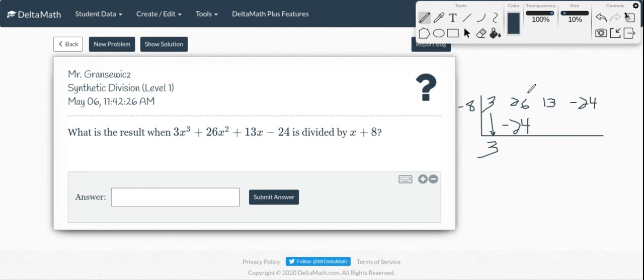Okay, and then once you do that, you add straight down. So 26 plus -24 is 2. Okay. And you just do it again. You keep going until you're done. So -8 times 2 is -16.